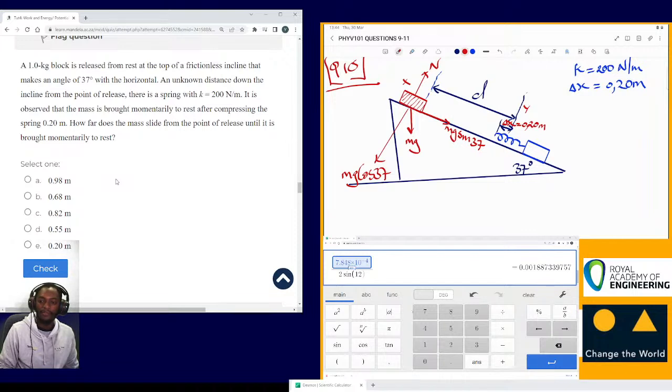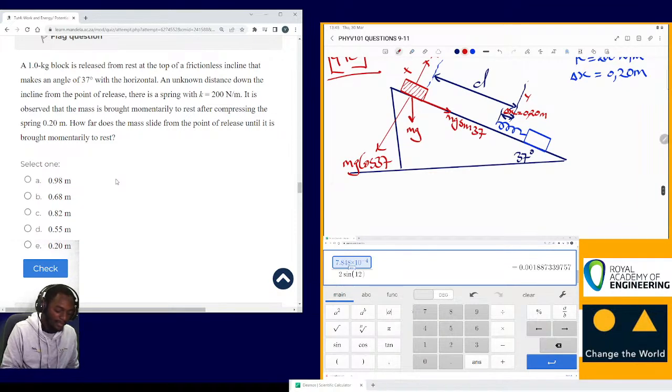So we have kinetic energy being converted into elastic potential energy in the spring. But we have nothing that we could use to calculate the speed of that block. So we can actually calculate the work done in moving this block from point X to point Y after it has traveled a distance d.